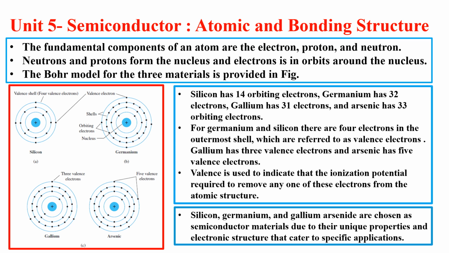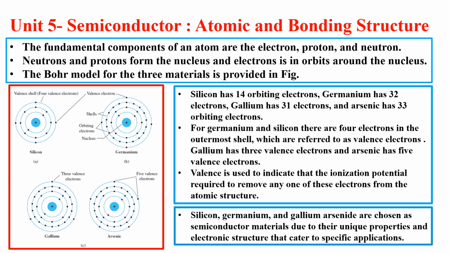They are chosen due to their unique electrical, electronic, and optical properties, as well as supportive electronic structures that cater to very specific electronic applications. Silicon is abundantly available and has already established technology, making it a staple in microelectronics.